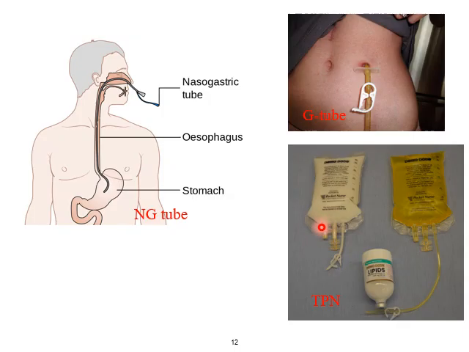But this is how a TPN bag looks like. The bag is connected to a tube, and this tube will be connected into that. Imagine it as a very big IV line because it's connected to the big veins in the body, and these are nutrients that go through the veins.